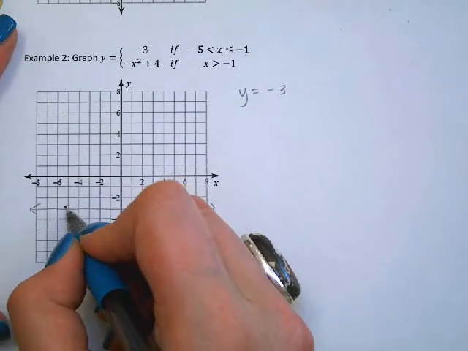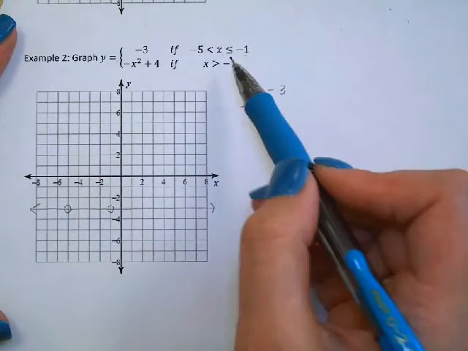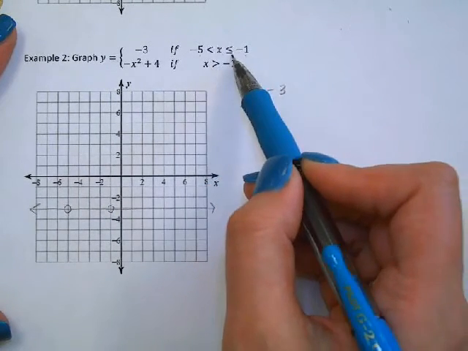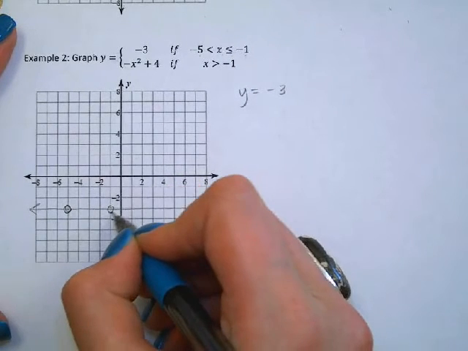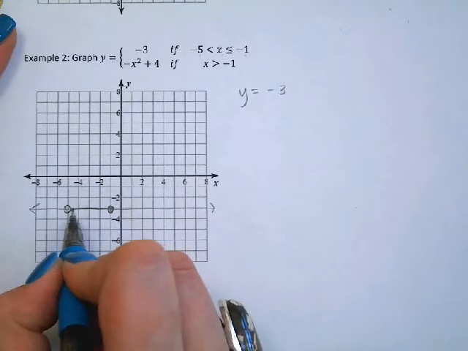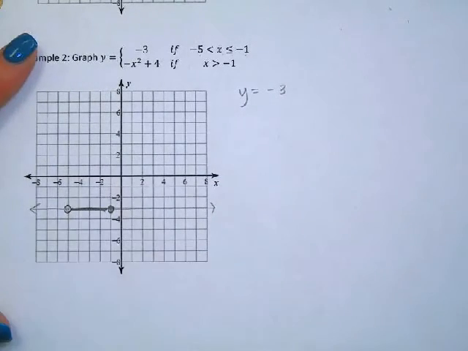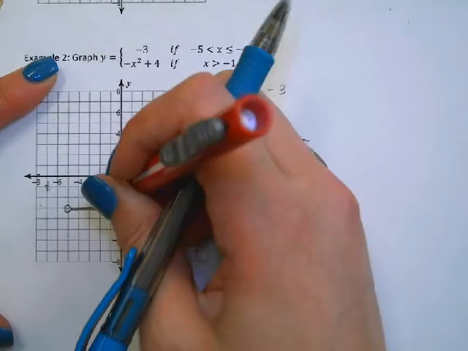So between -5 and -1. And it cannot equal -5, but it can equal -1. So that's going to stay as a hole. This one is going to be filled in. And it's everything in between there. So I'm going to go ahead and make that dark. And then everything else needs to get erased.